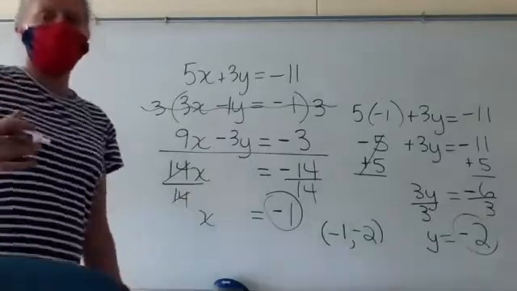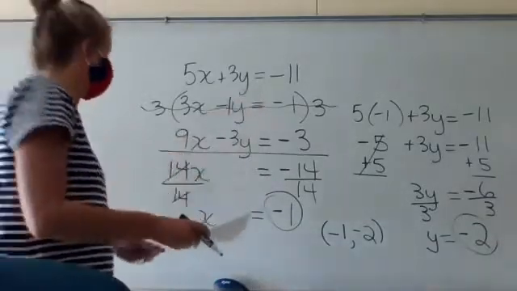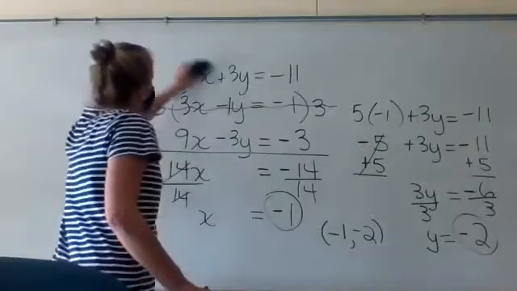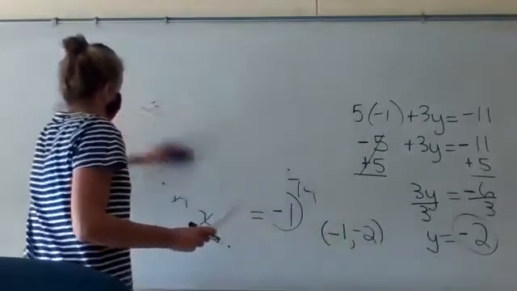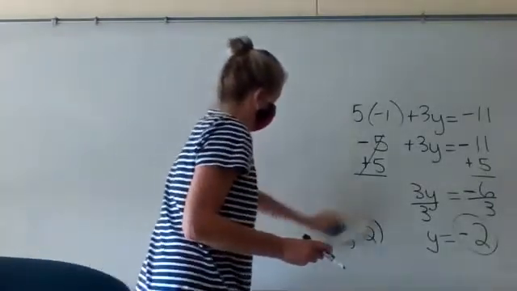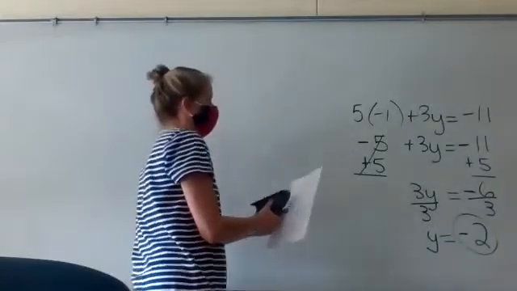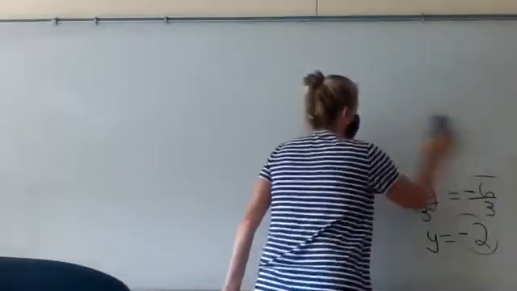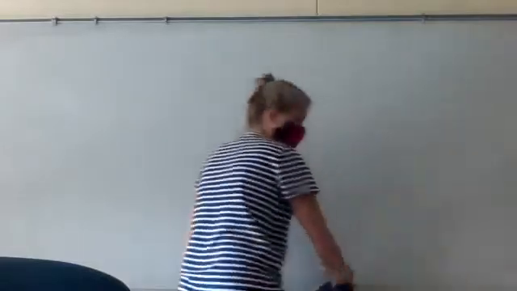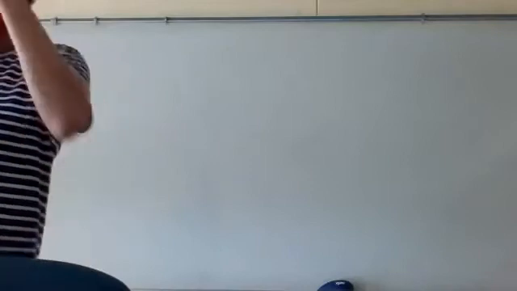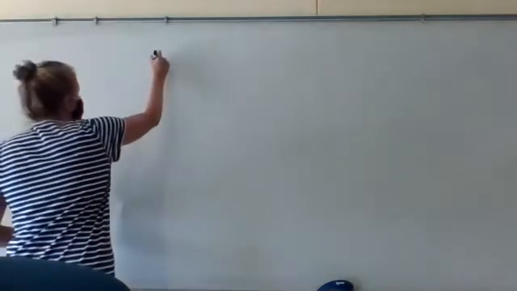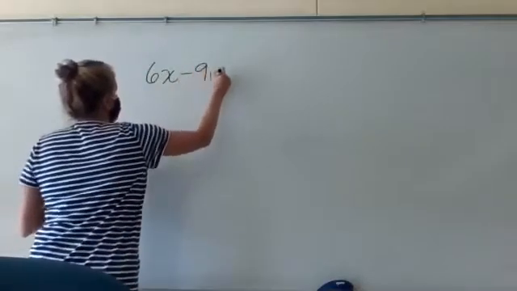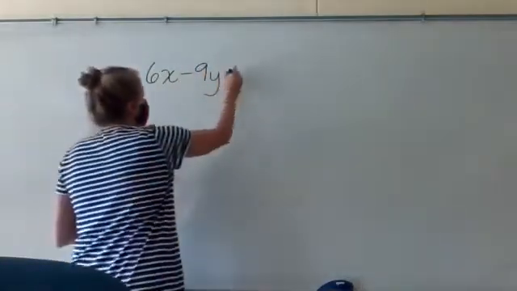All right, number 3. This is the one that people usually have the issues with. 6x minus 9y equals 7.5.